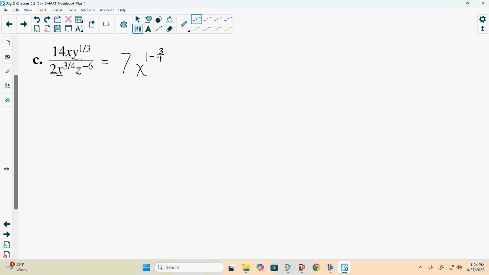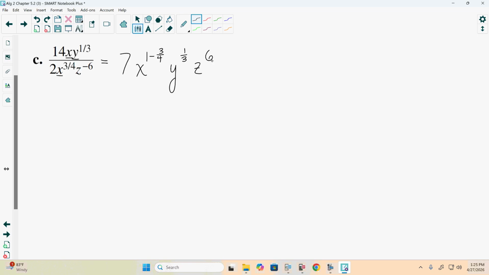Our next variable is y. We have y to the 1/3 on top. We do not have a y value on bottom, so we can leave it as y to the 1/3 on top. That is all the terms on top of the fraction. However, the denominator has z to the -6th. We can't leave that exponent negative, so to make it positive, we move it from the bottom of the fraction to the top.